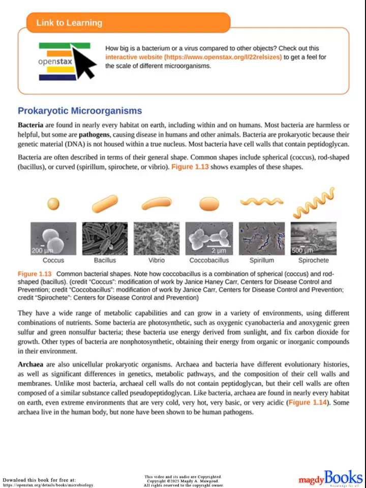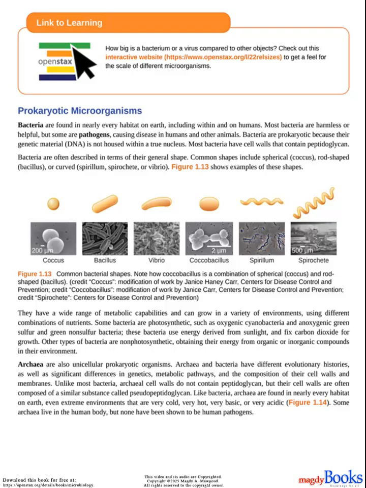Most bacteria have cell walls that contain peptidoglycan. Bacteria are often described in terms of their general shape. Common shapes include spherical, coccus; rod-shaped, bacillus; or curved, spirillum, spirochete, or vibrio. Figure 1.13 shows examples of these shapes.